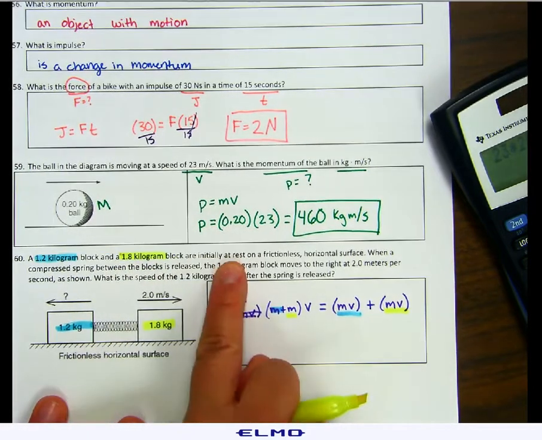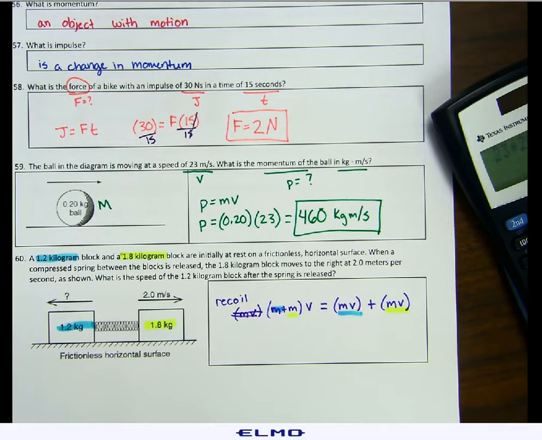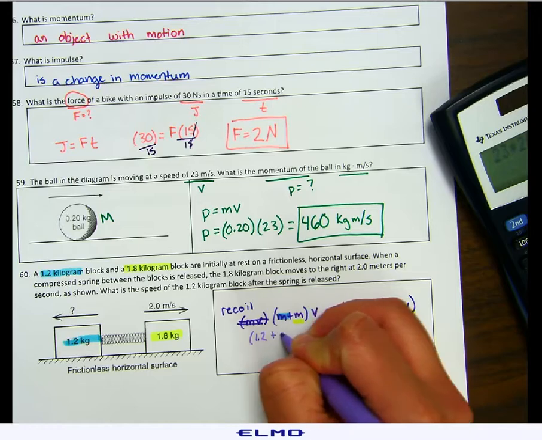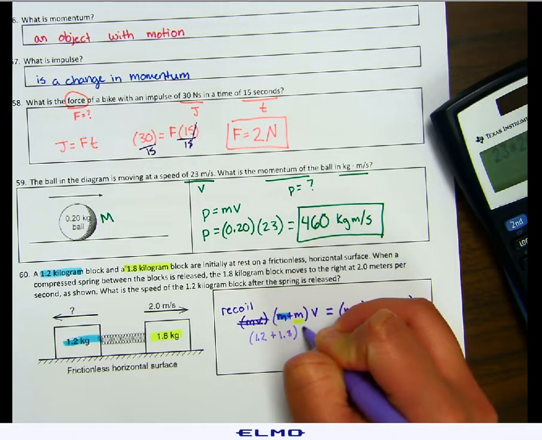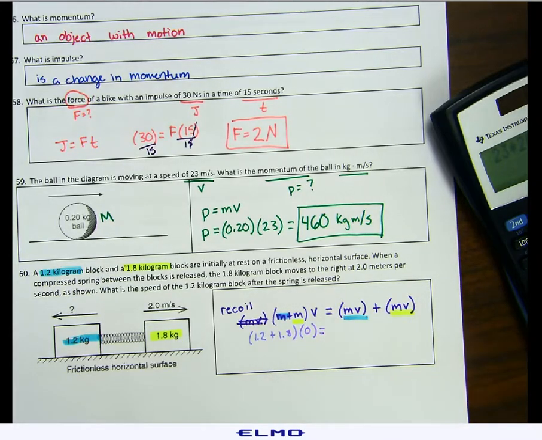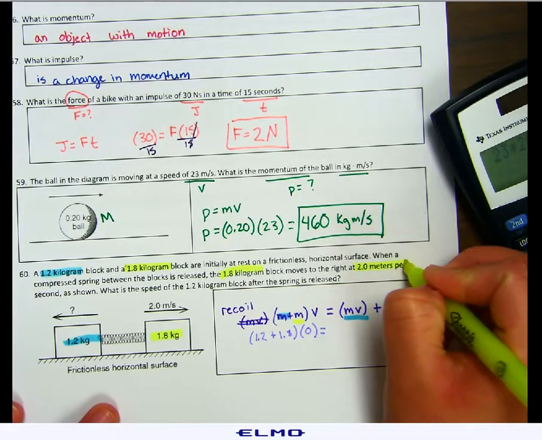They are initially at rest. So when I plug in my numbers, I have 1.2 plus 1.8, and it's at rest, so it's 0. Then a spring's compressed, and then the 1.8 kilogram block moves to the right 2 meters per second.